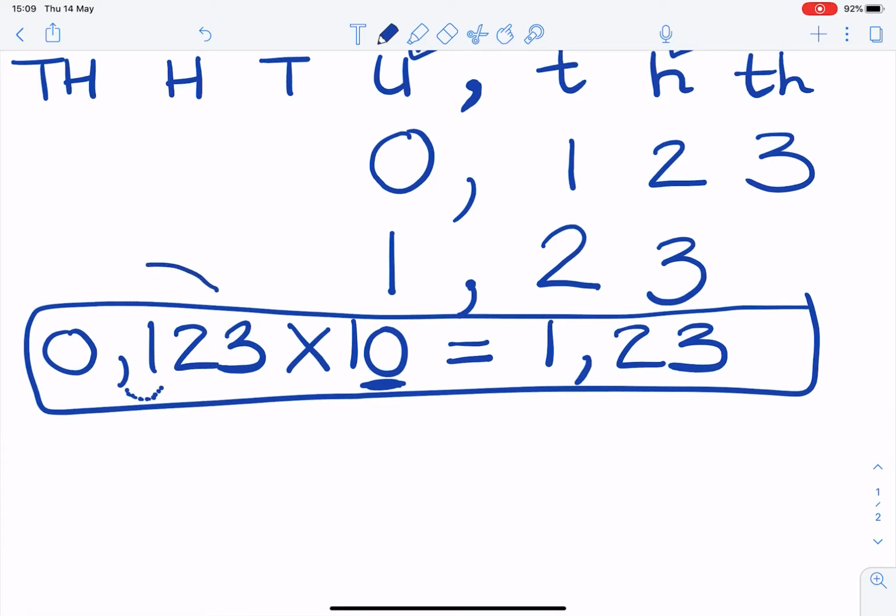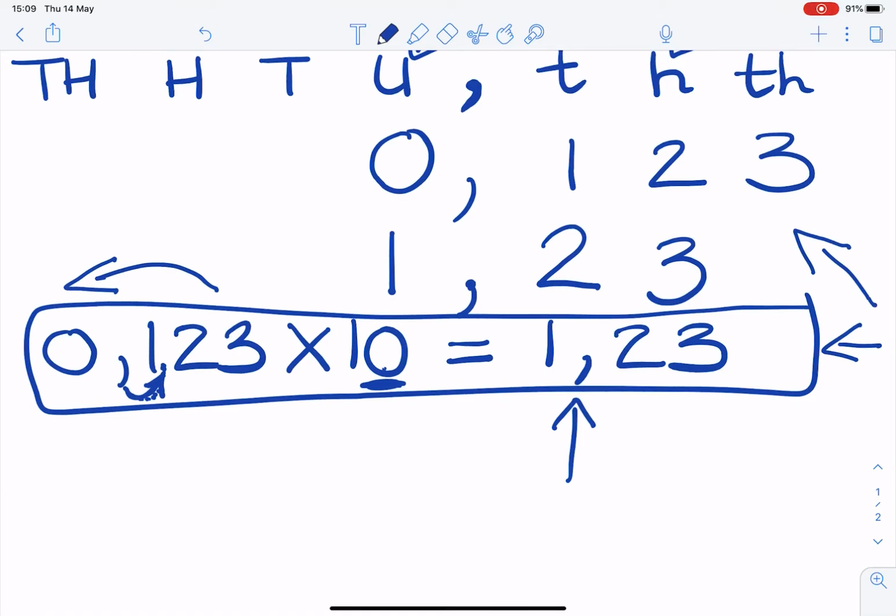The number is moving to the left and growing bigger. So the comma is moving to the right. So if we times by 10, 1 0, 1 space. So the comma then goes here. And there it is, 1,23. So if you are comfortable using this short method, go for it. If you need to use your columns and actually move the number to the left, then rather do that.